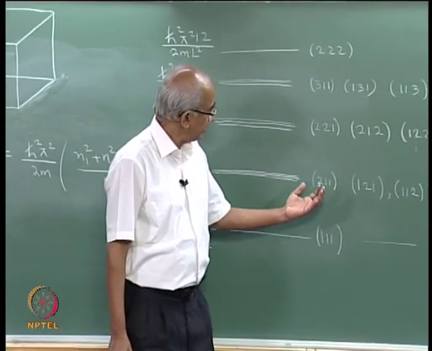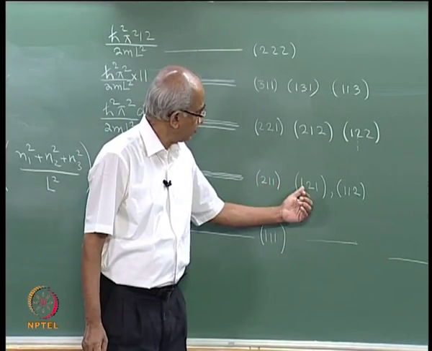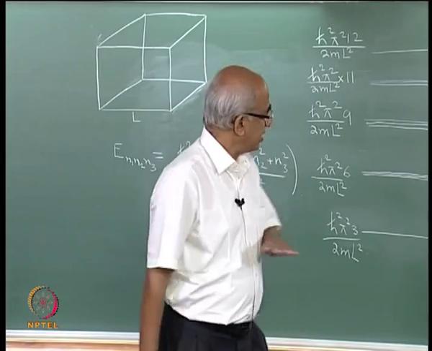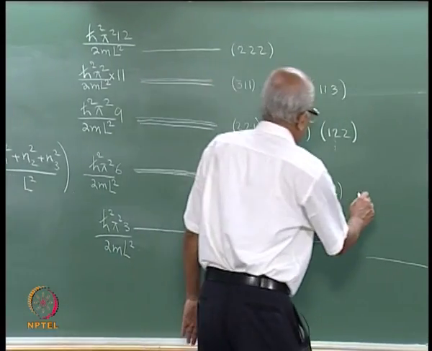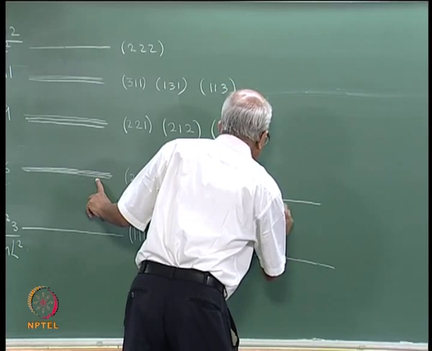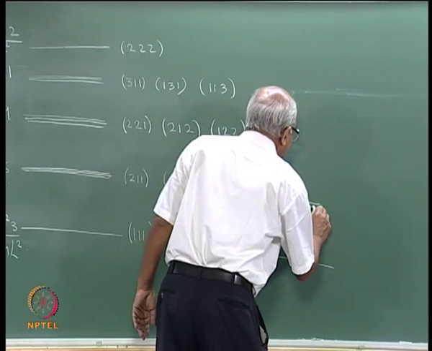You will find that 211 and 121 also will get lower, but by exactly the same amount. So, I can represent them here, they are lower than in this earlier figure.